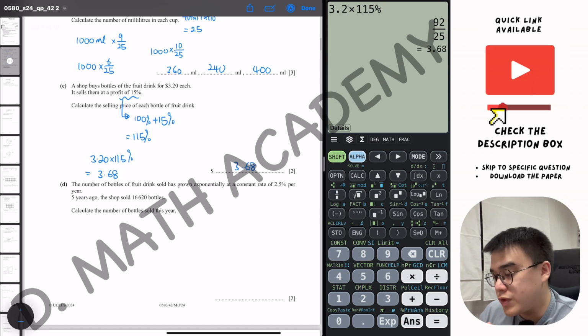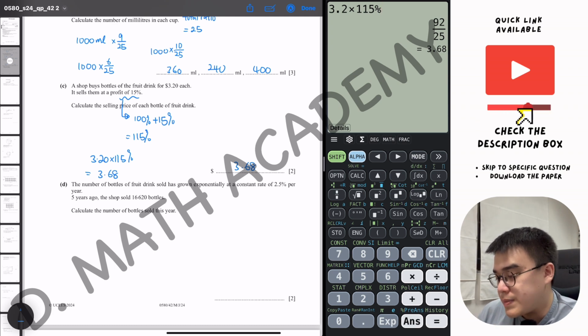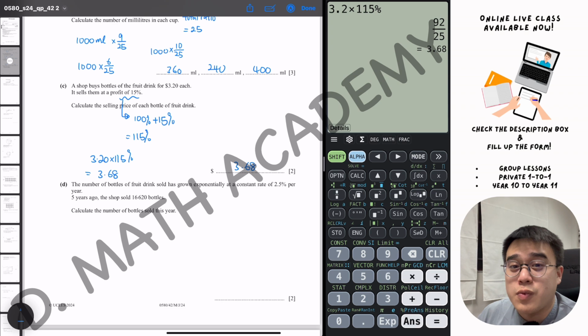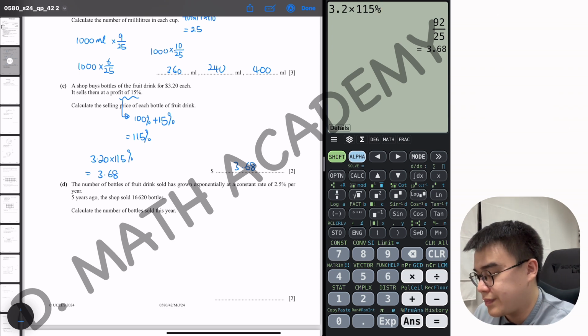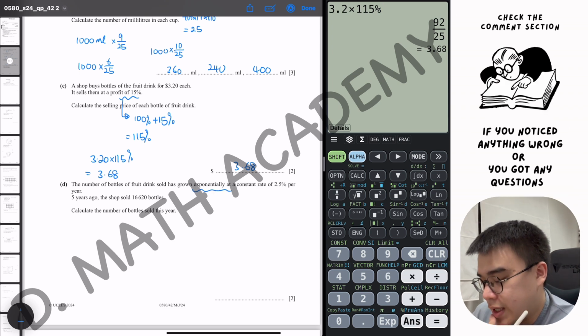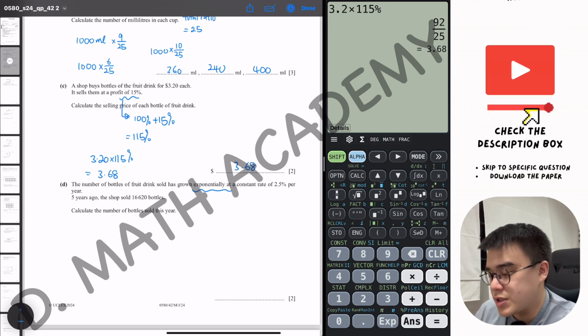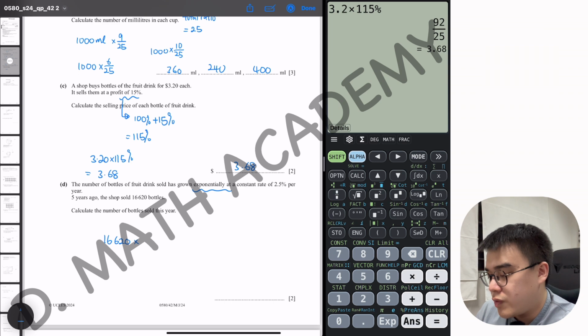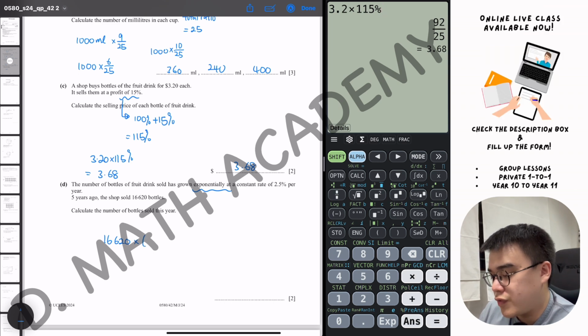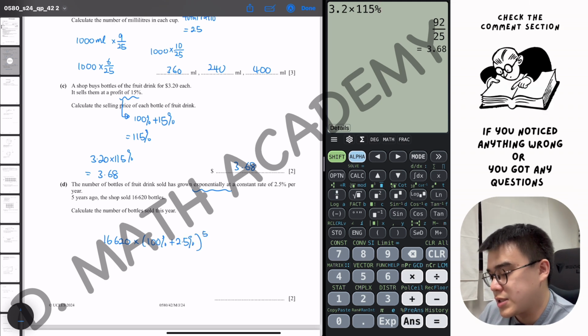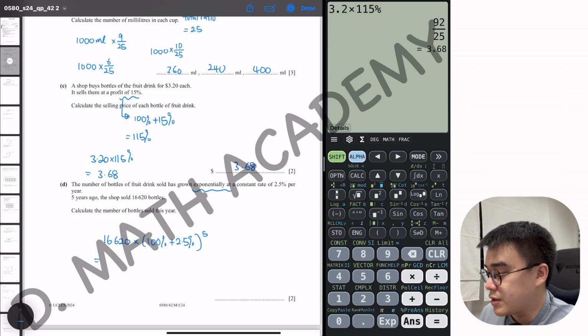Moving on to question D, where they ask about the number of bottles. So I saw the first keyword here, exponentially. And then 5 years ago it was 16,620. So this was the initial amount. With the exponential growth, this would be a positive since it's increasing. 5 years later, they ask us how much did we sell this year.